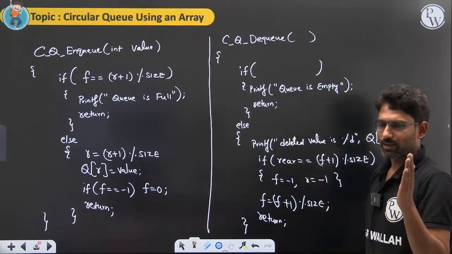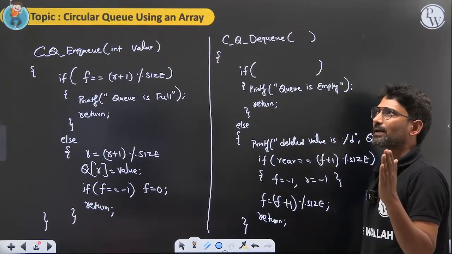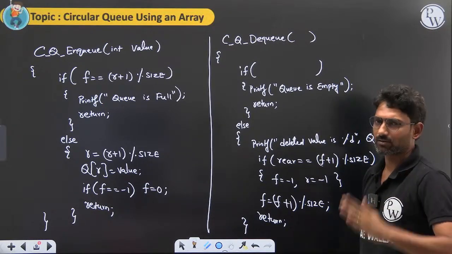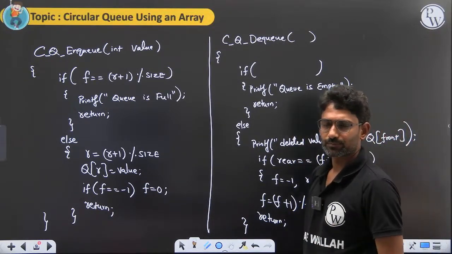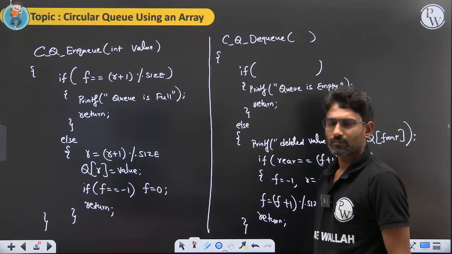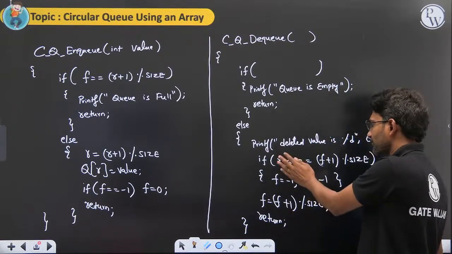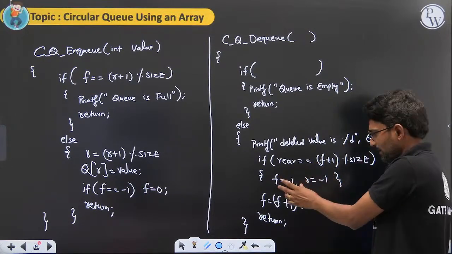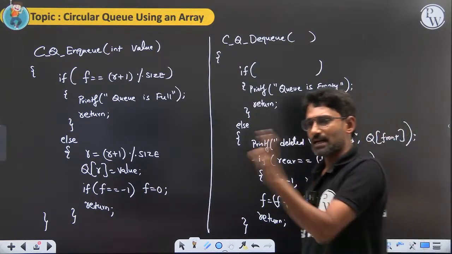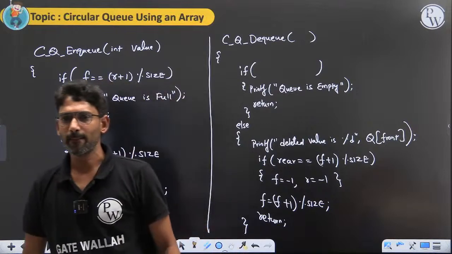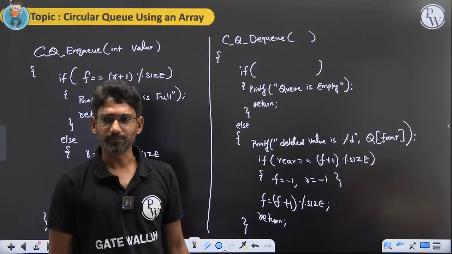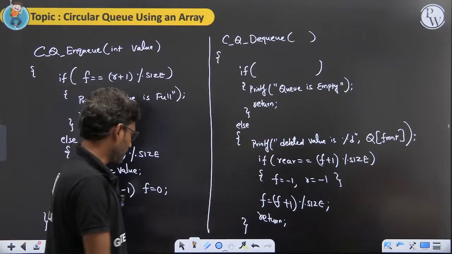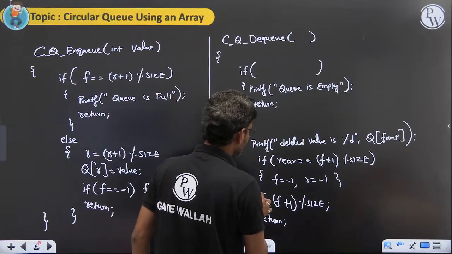When you are deleting the value at index 3, rear is at 4. Now you are checking if rear is equal to 3 plus 1 mod size, then without deleting the last element, you are moving front and rear to minus 1. So this is also wrong.